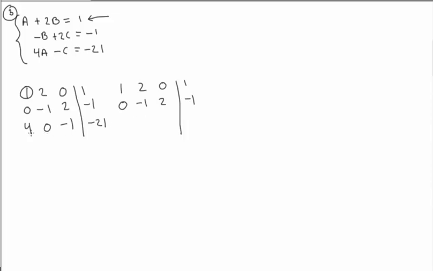So I have to make this a 0, so I'm going to affect this row. I'm going to multiply my top row by -4 and add it to the third row. 0 times -4, add it, -8 times -4, add it.